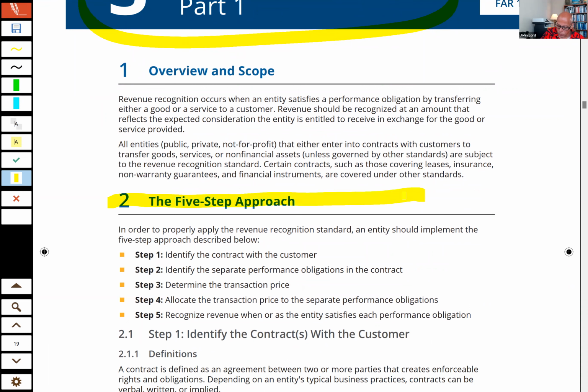Okay. Now, when we talk about the 5-step approach, and this was really talked about in Accounting Standards Codification Section 606. You probably dealt with this in your intermediate accounting. You took it here at Golden Gate. 100A, I think, is where they talk about this accounting standard that came out about 3 or 4 years ago.